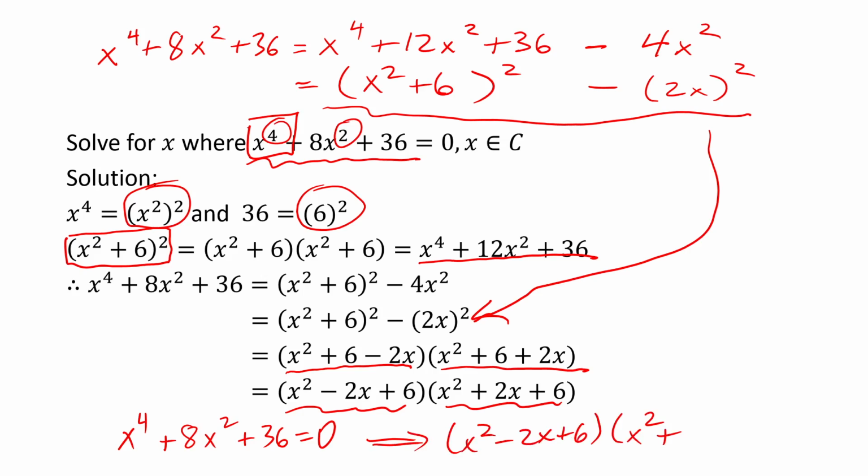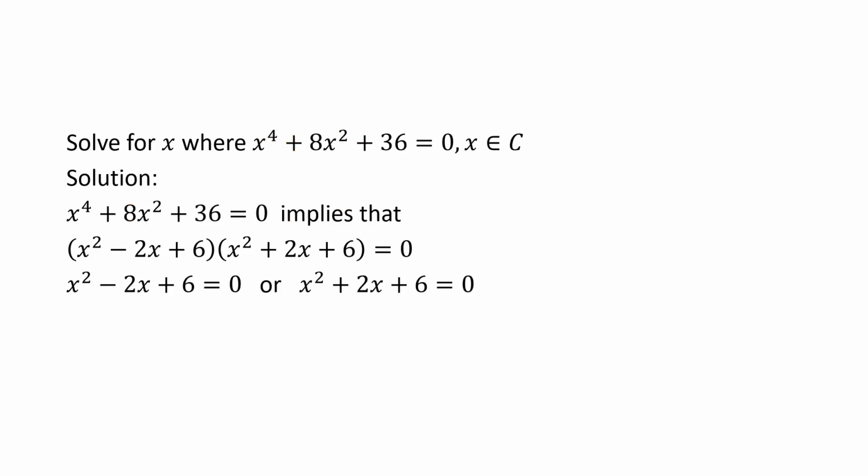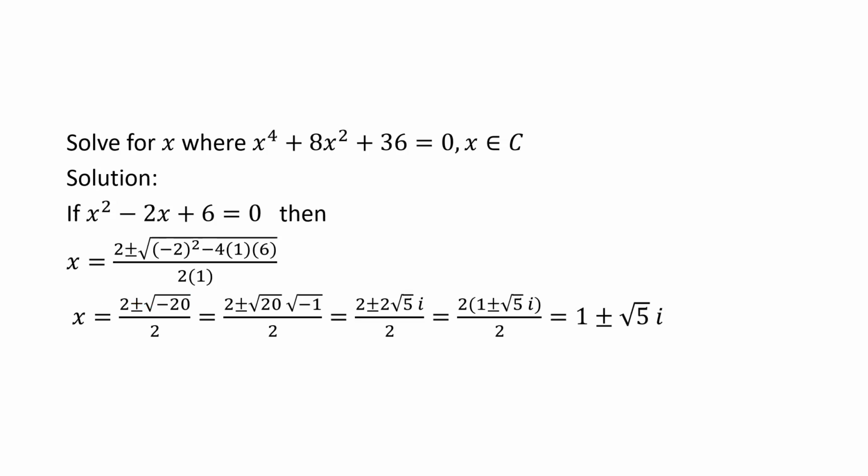Now, what's the advantage to that? We've now broken it down into two different factors, and we can set each of those factors equal to 0. Neither of the factors factor further, but we can use the quadratic formula. So using the quadratic formula on setting the first trinomial equal to 0, we get a -20 underneath the square root sign, but we can call that root 20 times root -1.